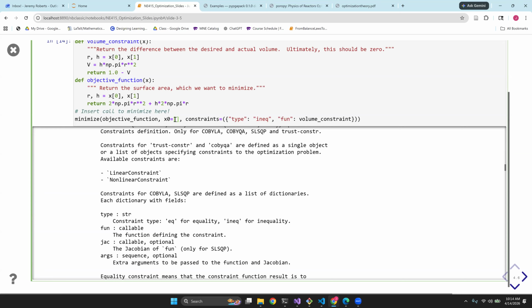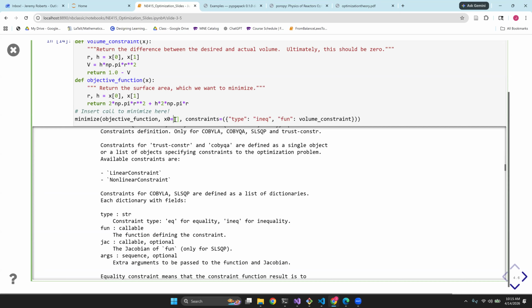If I gave it, say, a radius of 1 and a height of 1, both in meters, what's immediately a problem? My volume would be pi, right? If I had an R of 1 and a height of 1, pi r squared times 1, my volume would be pi. So I'd have a volume that's already way out of bounds.